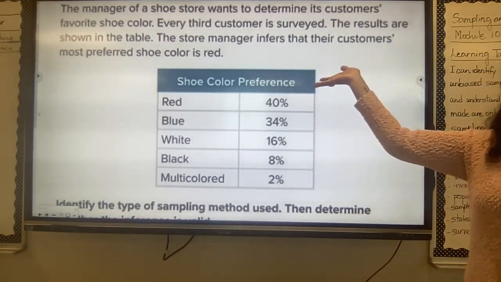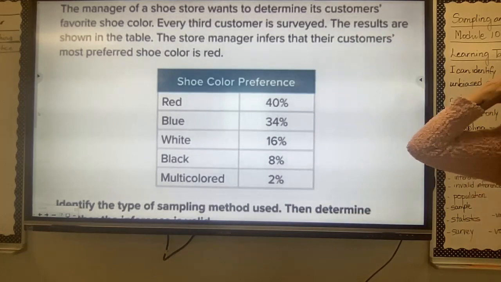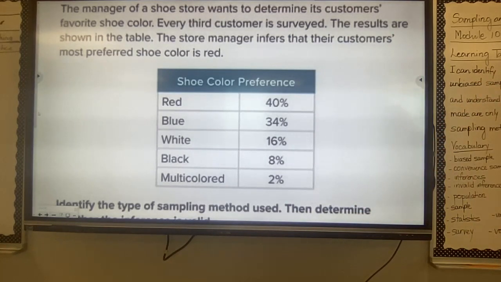Yes, we can talk about the population that is residing there, but it would not be valid to infer that red is the favorite shoe color because the store only surveyed a random sample of their customers. They can only make inferences about the population of their customers. They cannot talk about the entire country like that.